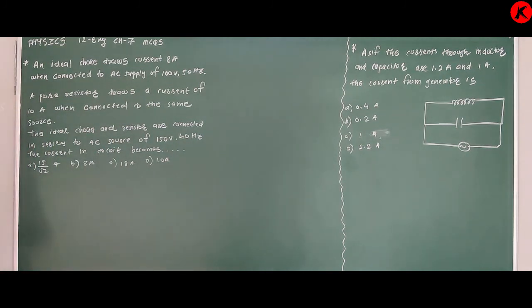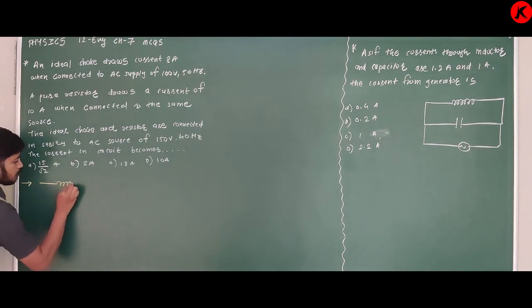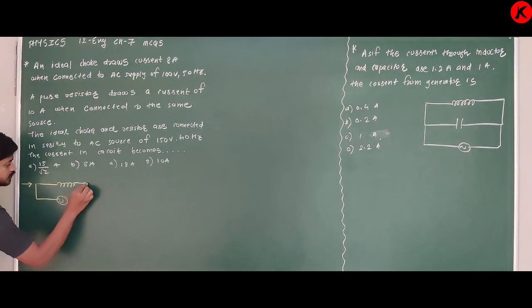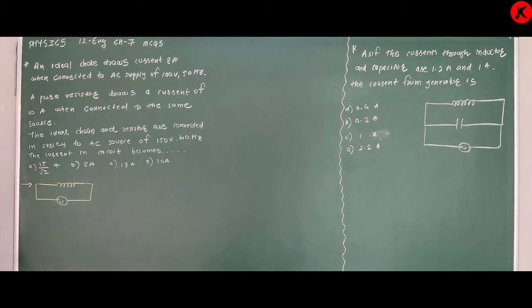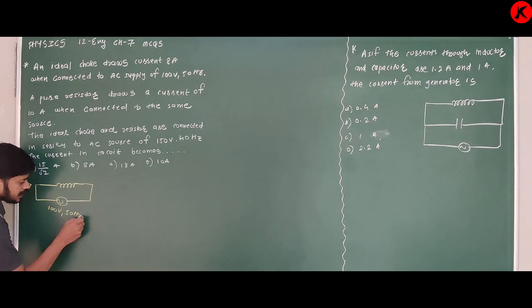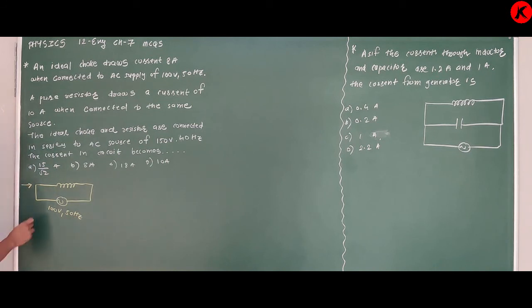So first of all, understand the meaning of ideal choke. It is an inductor connected to an AC source of 100 volt and 50 hertz. It draws a current of 8 ampere.